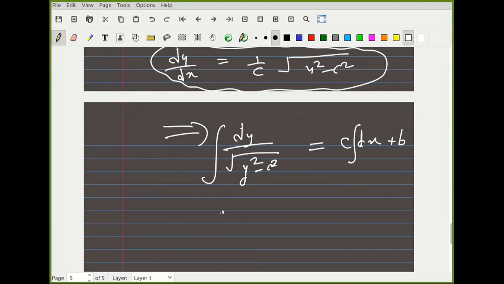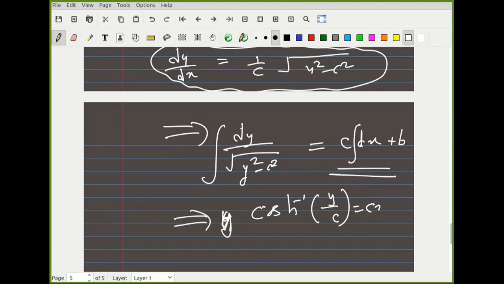So guys, we know this is a very easy integral. We know that this is simply cos hyperbolic inverse function coming up. So this implies cos hyperbolic inverse of y by c equals, what is this guy telling us? Cx plus b.